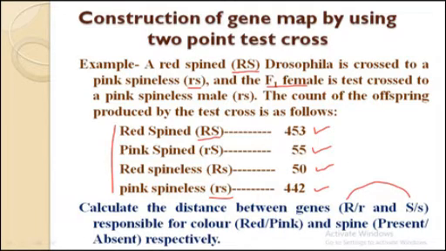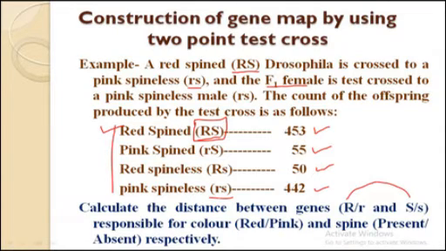recombinant types. There are two methods by which we can identify which are parental and which are recombinant. The first method is by using genotype. Here you can see both are dominant, both capital R and capital S, so they are homozygous. When any offspring contains homozygous alleles, they are parents.